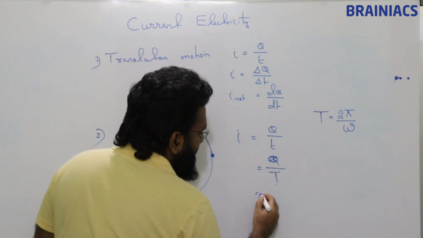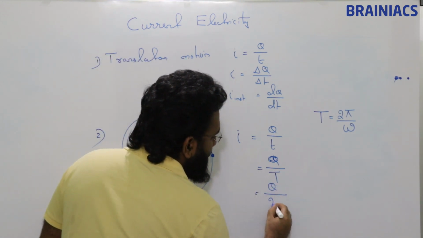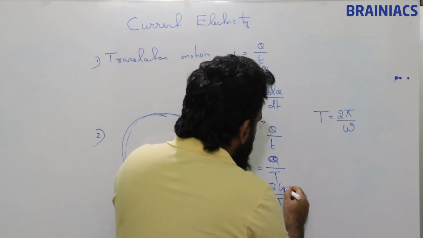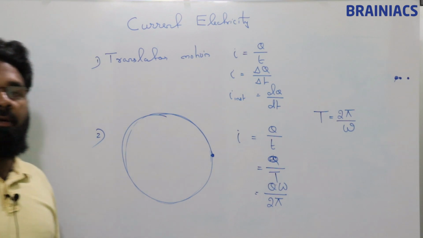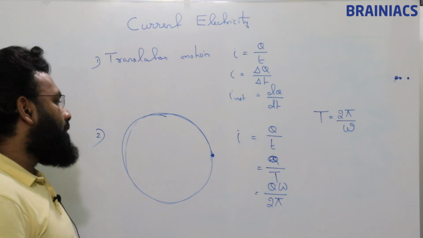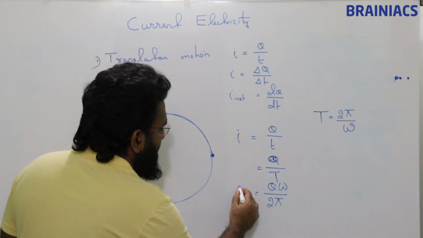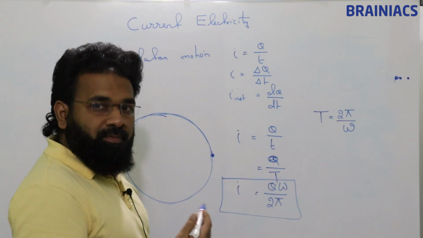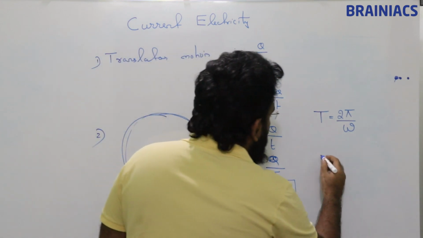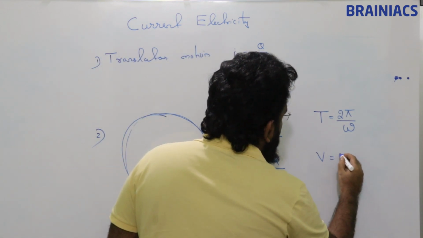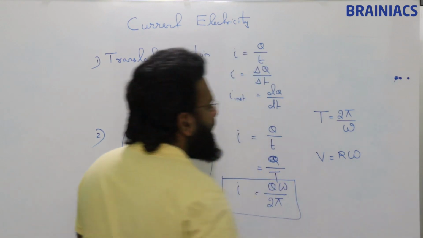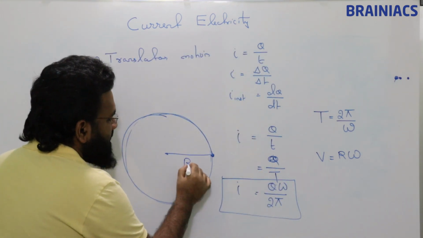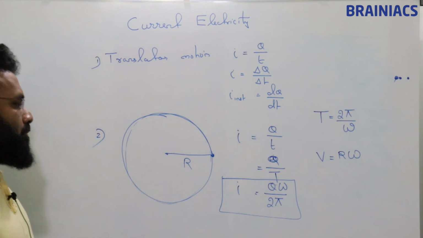Substituting that here, Q by 2 pi by omega, so omega will come to the numerator. So I is equal to Q omega by 2 pi. Then from circular motion, we used to study V is equal to R omega, where R is nothing but the radius of this circular motion.